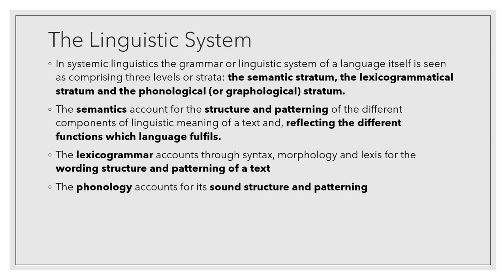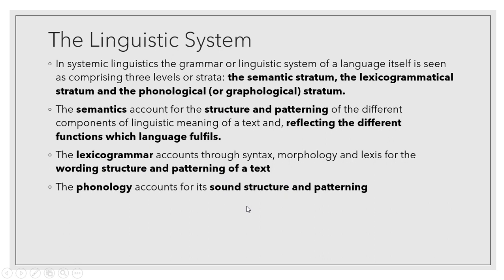You can investigate from the semantic meaning, or the lexicogrammatical, which deals with wording structure, and phonological, which deals with sound patterns, or graphological, which deals with written patterns. So semantics deals with the meaning of the text, lexicogrammar with structure, and phonology with sounds.